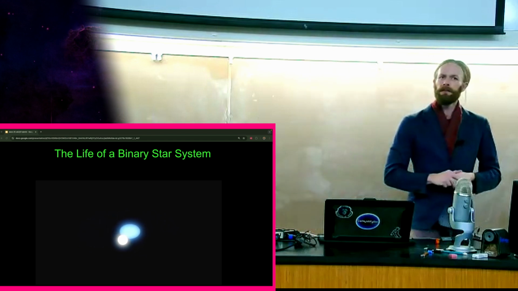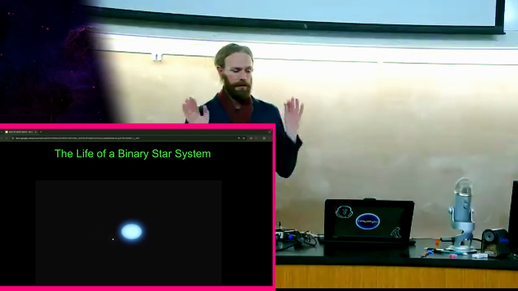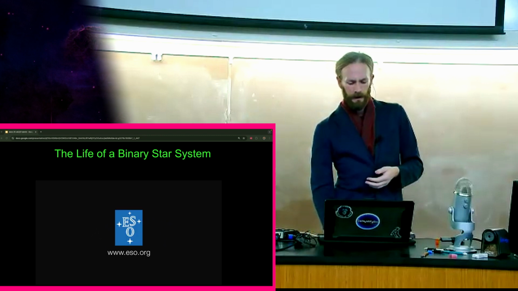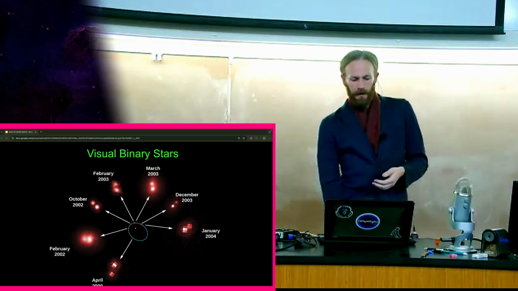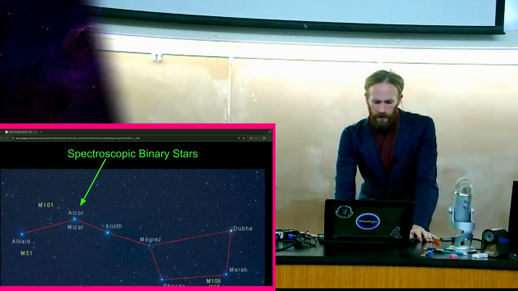Now, we'll get into the story of black holes and white dwarfs later, but needless to say, they're a big piece of the binary puzzle that we're going to be drilling into here in a second. So these visual binaries are something that we're going to mess with. Those are ones you can actually see.